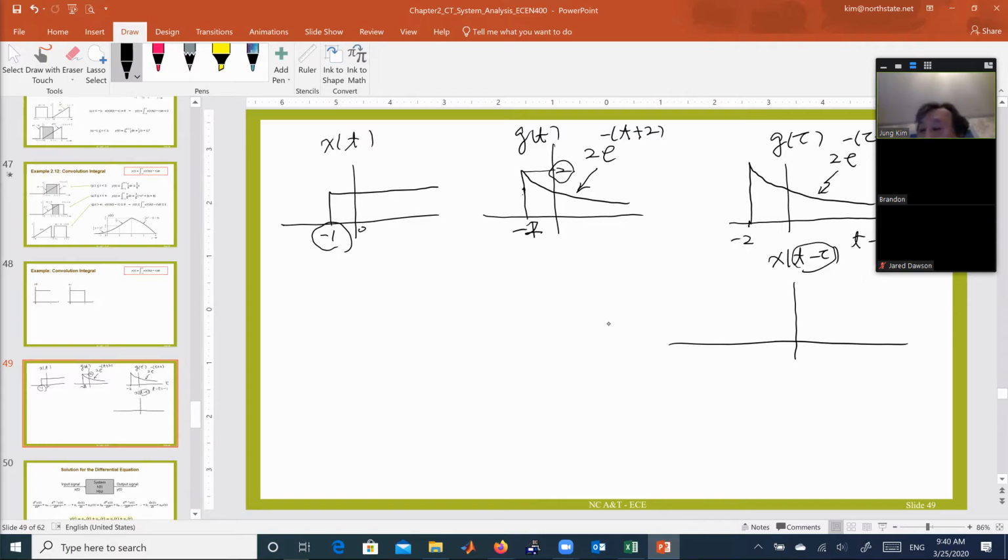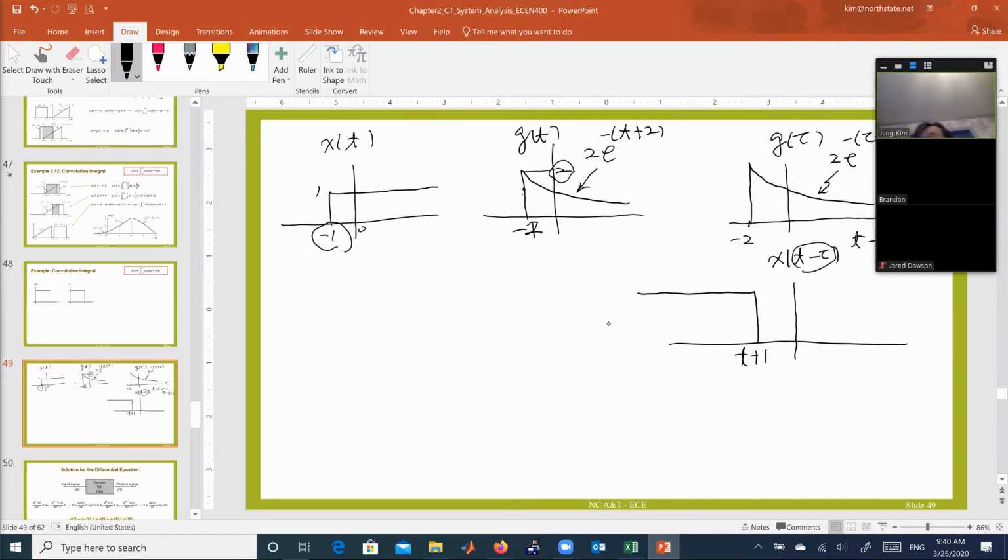So tau equals t plus 1. This is the case of t plus 1. So far it's okay?